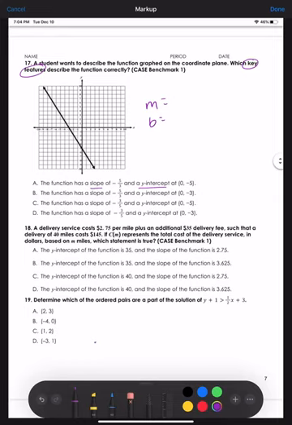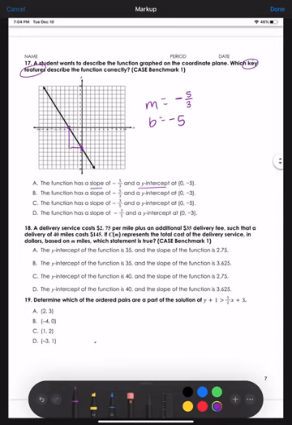So starting with B, it looks like it's at 1, 2, 3, 4, 5, -5. And M, here it is going down, so I'm going to go ahead and put my negative so I don't forget about it. And it looks like I'm going down 1, 2, 3, 4, 5 over 1, 2, 3. So down 5 over 3.